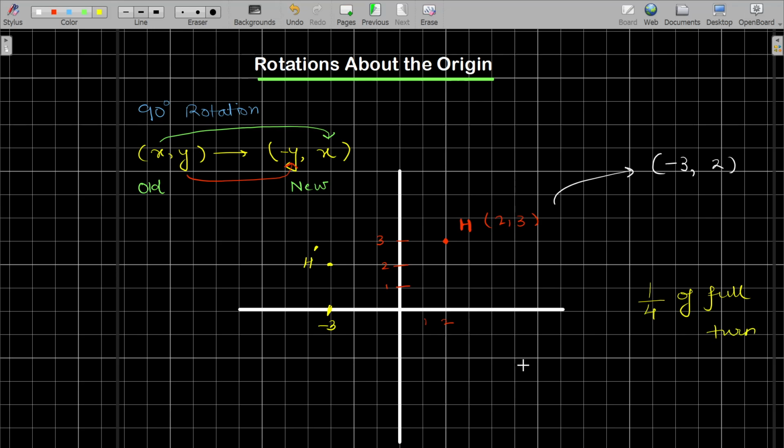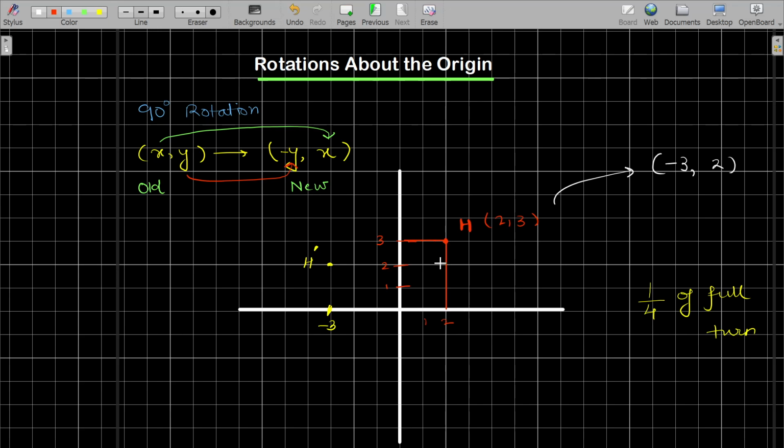So to rotate point H, you can visualize a rectangle with one corner at the origin. Let me draw a rectangle. You can visualize this rectangle with one corner at the origin and another corner at point H.